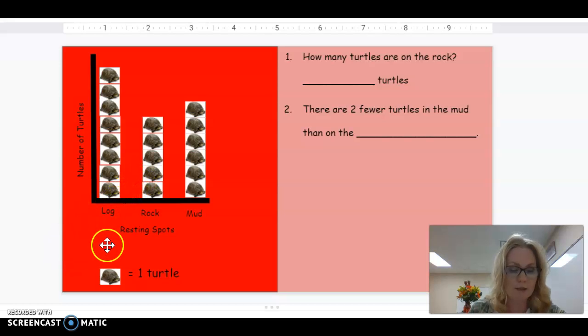That means I need to compare my turtle stacks. Do you see how many turtles are resting in the mud? Which resting spot has more than mud? Is it 2 or more? If so, that means there are 2 fewer turtles in the mud than in the resting spot you saw. When you know the answer, fill it in. So we would put this.